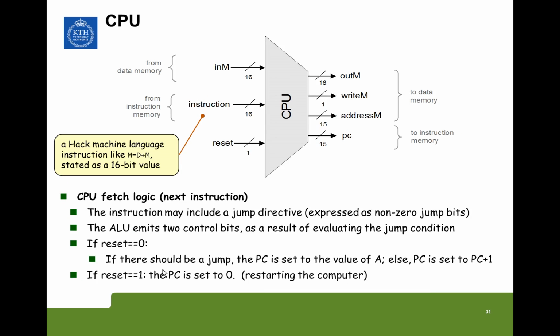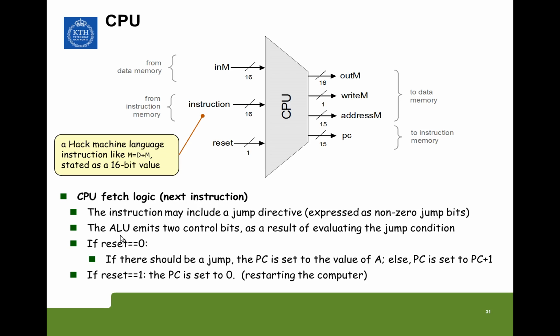Let's look at the fetch logic of the CPU, telling us what the next instruction is. The instruction may include the jump directive, right? These are the last 3 bits in the word. As a result of the computation, the arithmetic unit will emit 2 control bits. Right, this will evaluate the condition of the jump.